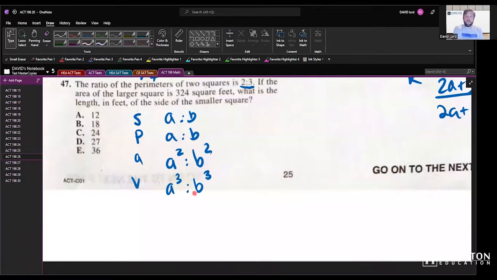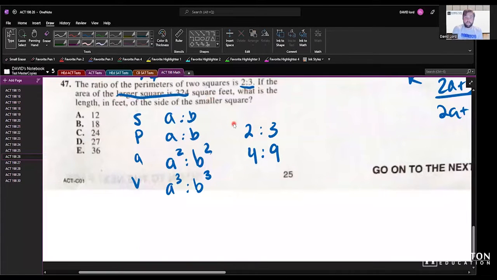Now, we don't need to use volume in this case, but let's use the perimeter. So for the perimeter, it's 2 to 3. So that means the area would have to follow the ratio of 4 to 9. Now they told us that the larger square is 324. So how can we use that to help us?